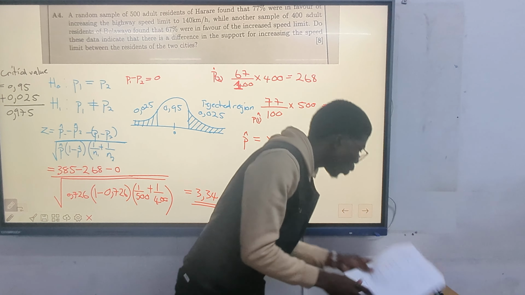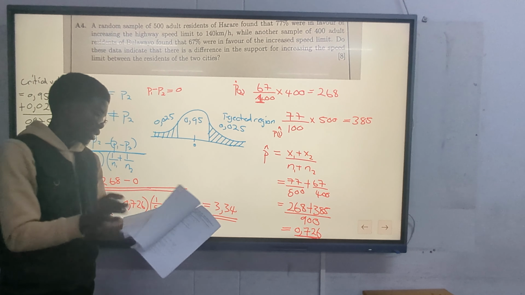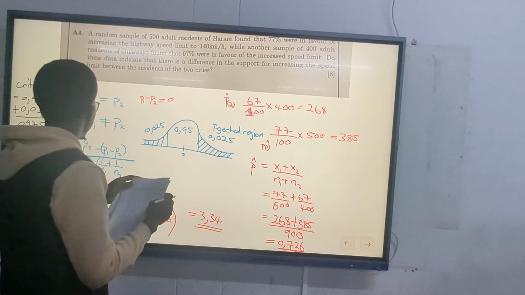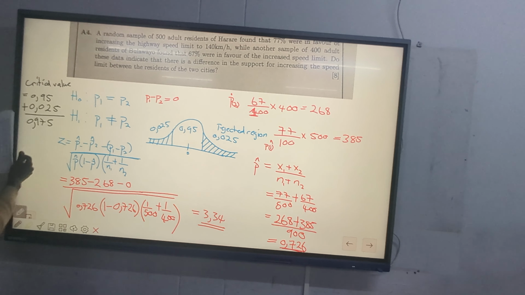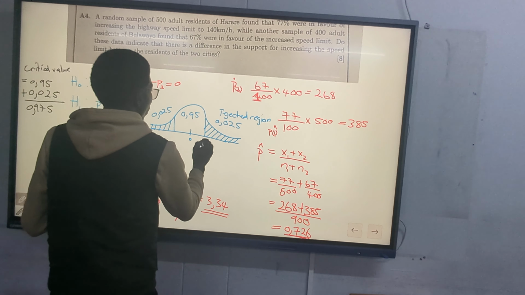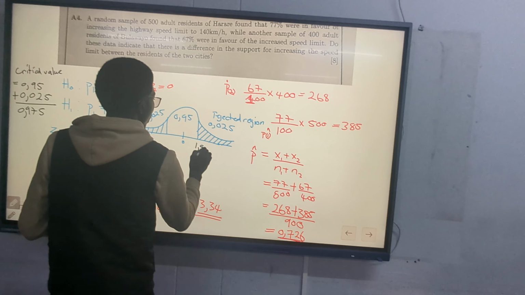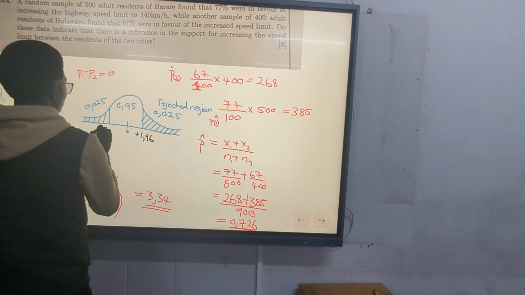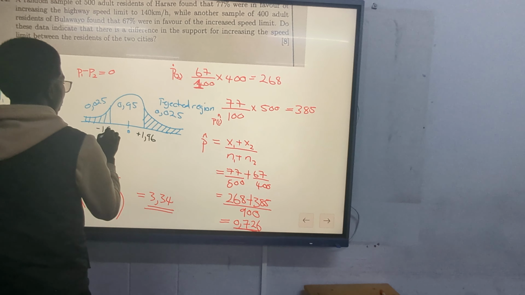We now go on to our Z table, and we look for 0.975. Here we have 1.96 positive, and minus 1.96.